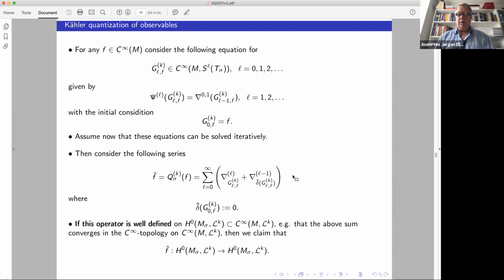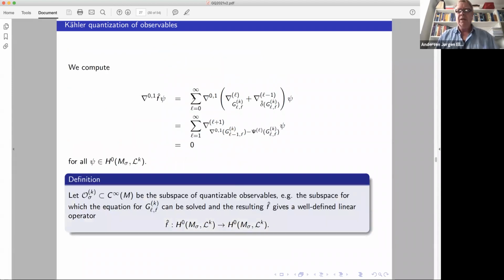And the reason is the following, that if this sum makes sense and converges, then it turns out that it actually maps holomorphic sections to holomorphic sections. It is constructed in such a way. I'll give you the argument on the next slide. But at any rate, what I can always do is I can always look at the fs for which this is possible.